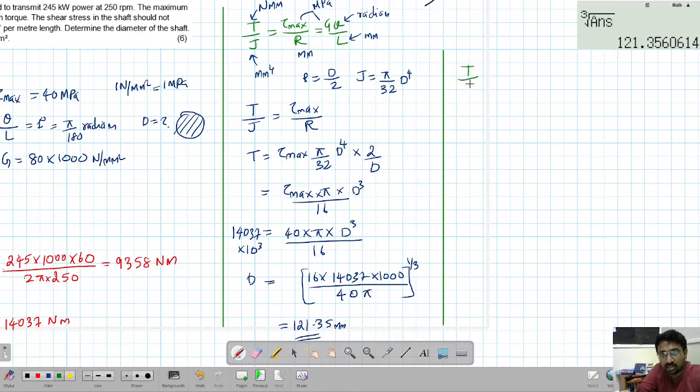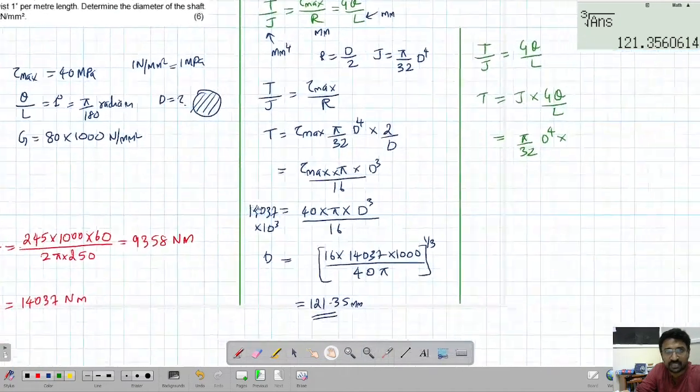So that means T by J equal to G theta upon L. So yes, substitute it here. Now we can substitute the values here. T equal to J into G theta upon L. So J is pi by 32 into D to the power 4, and G is given.